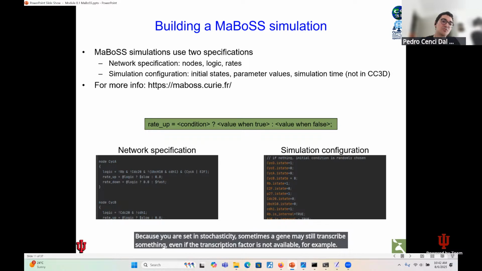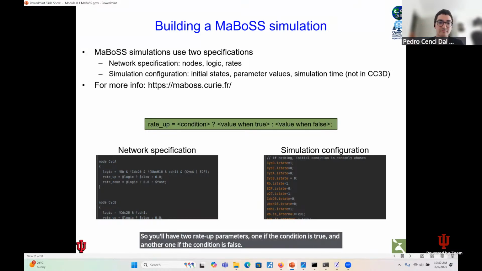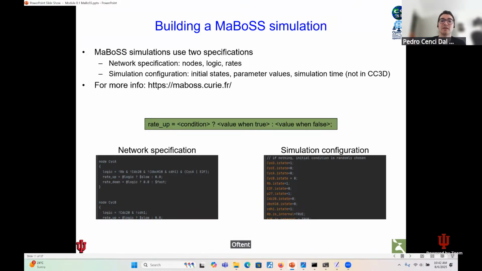So you have two rate up parameters, one if the condition is true and another one if the condition is false. Oftentimes, the else rate up we set to 0, and oftentimes one of these is 0 for simplification.